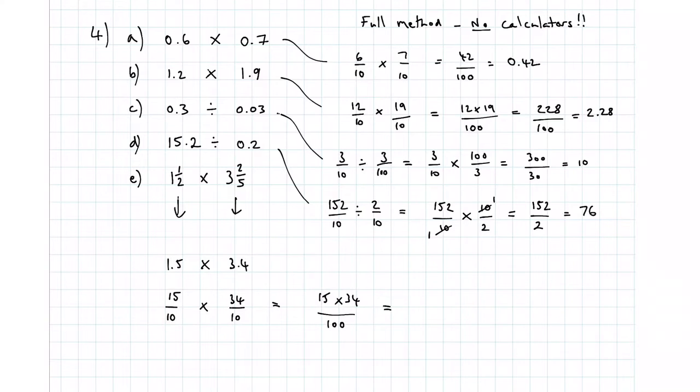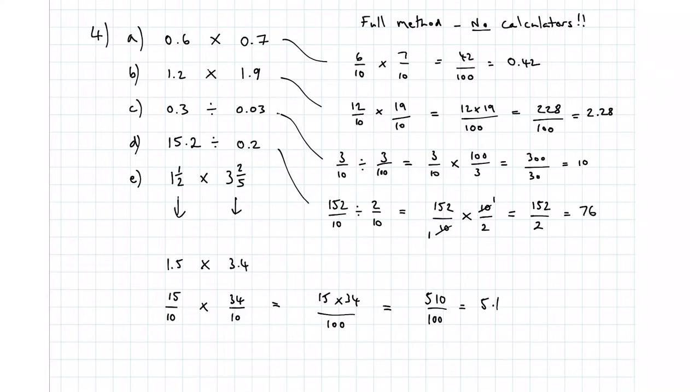So you end up with 510 divided by 100, which is 5.1. This is going to seem like a strange thing to do, but I've converted fractions into decimals and then turned them into nice, easy fractions that I can work with. The important thing is that the denominator here is 10, and that makes this calculation at the end nice and simple. So that's how you do question 4.